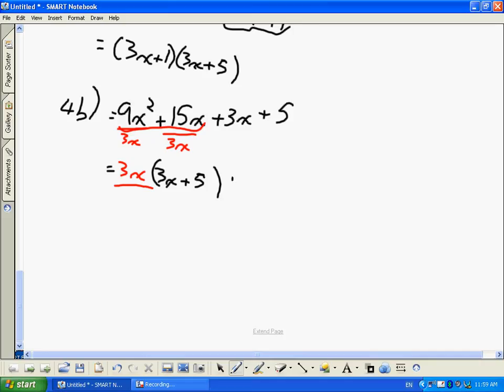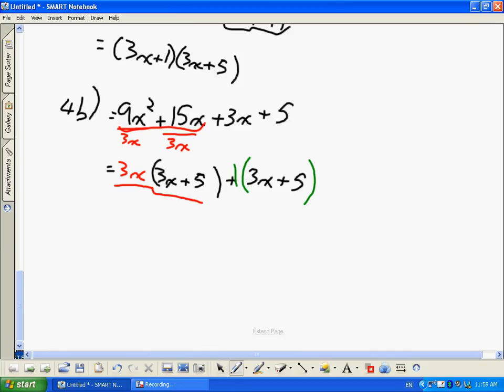Now let's look at our other pair. I'm going to put a bracket around them, just so you guys can see this. What factor could I have taken out that would not change it at all? 1. Imagine there is a 1 here. If I distribute a 1 in there, it's not going to change anything, but now it gives me a factor when I go to pull these brackets away.